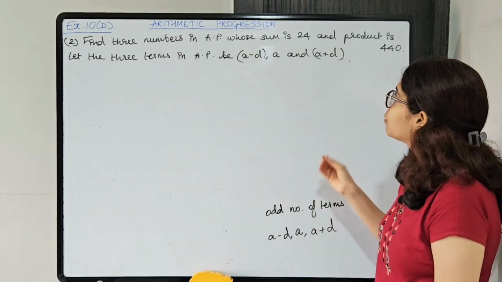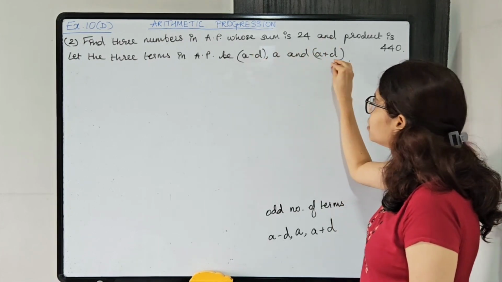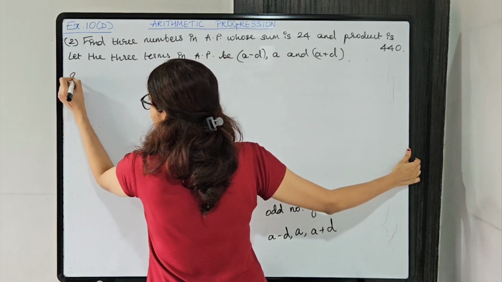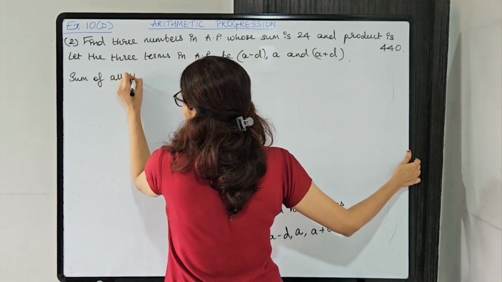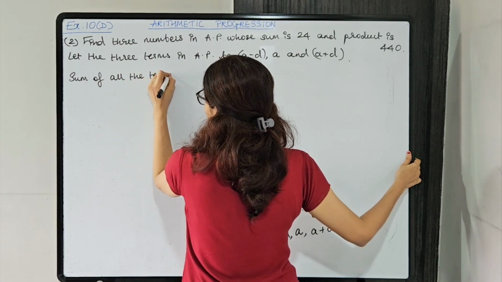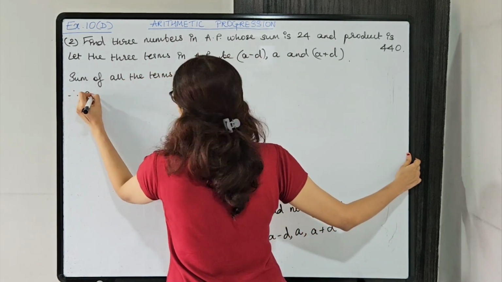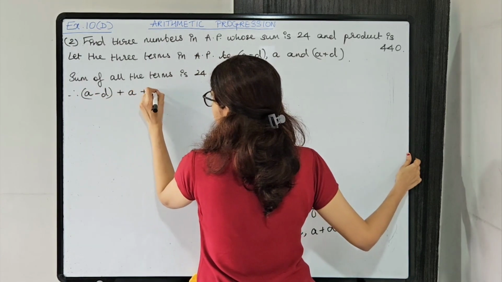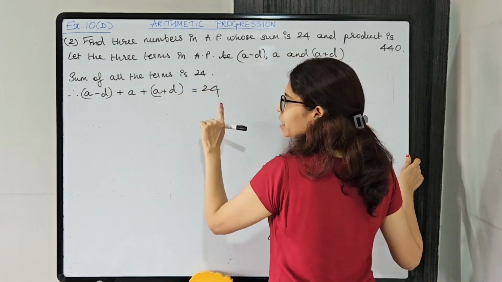Okay, condition देखते हैं. First condition is sum is 24. So sum of all the 3 terms is 24. So write down sum of all the terms is 24. Therefore, a minus d plus a plus d is equal to 24. Open the brackets.